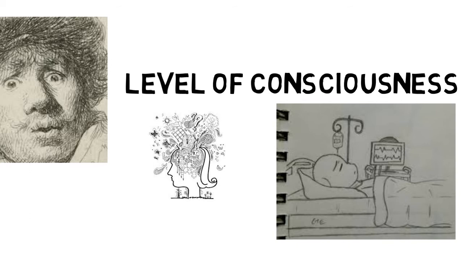Now, as far as the confusional state goes and this whole level of consciousness, confusion really is typically caused by biological encephalopathy of some kind. So some kind of brain infection or disruption of the chemicals in the brain.